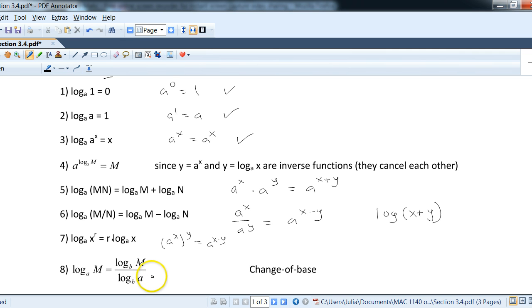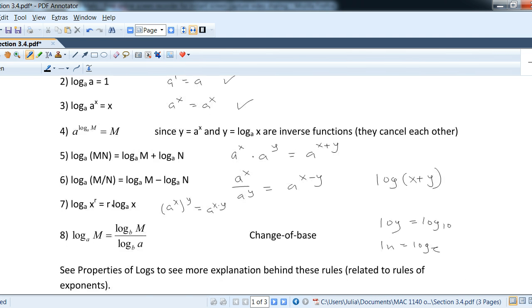Well, if we want to, for example, input logarithms in most common calculators, they would have common log, which basically means it's log of base 10, or ln, which means it's log of base e. And we can translate now any logarithm in terms of either one of these logarithms, and we'll be able to actually input it in the calculator.